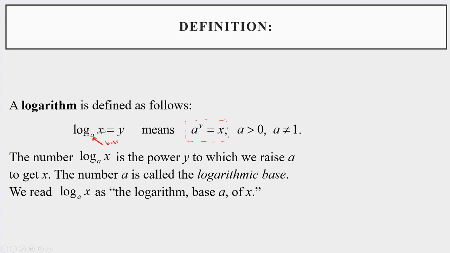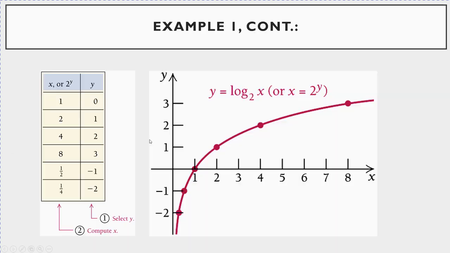What you're going to notice with these log functions, even when you write the equivalent expression, is that the x value can't be negative. There's no way you can get a negative value for x, because when you take 2 to any power, it can't be negative.